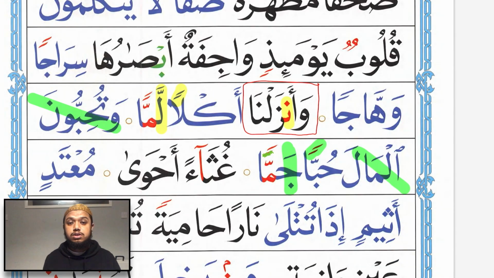So we've also learnt what mad iwad is. Whenever we stop on a word ending in two fathas, fathatan, we remove one of the fathas and make mad for two harakat.